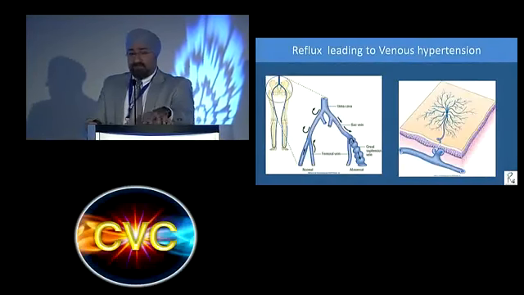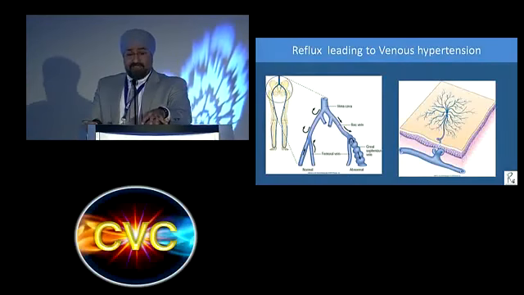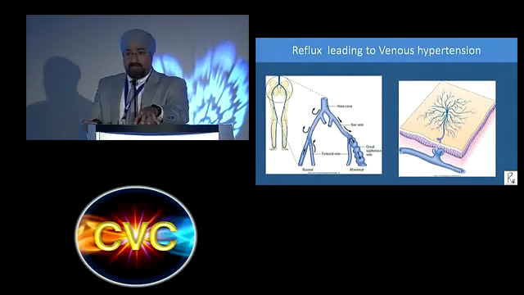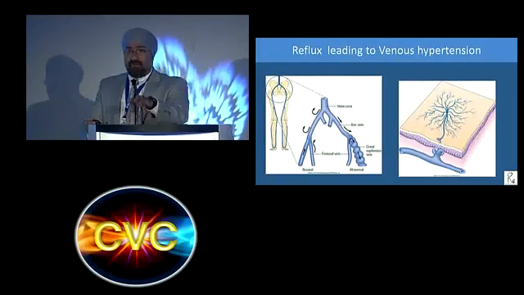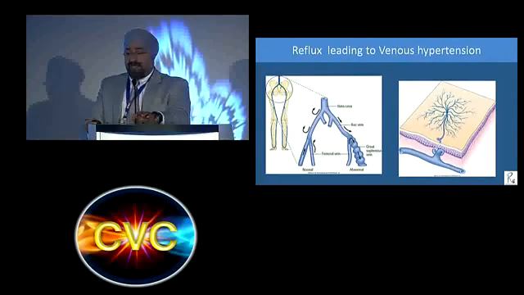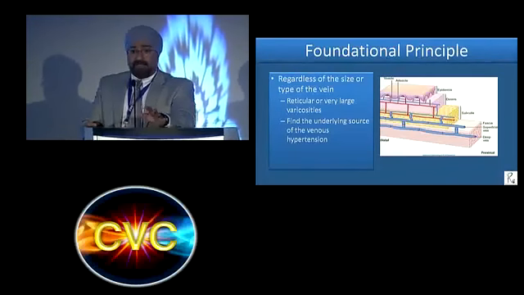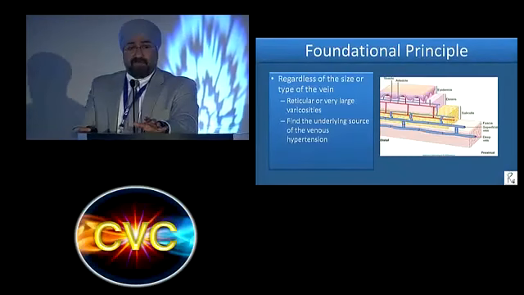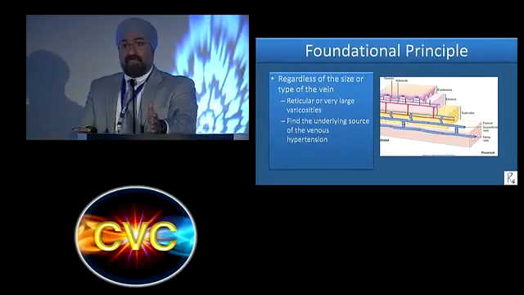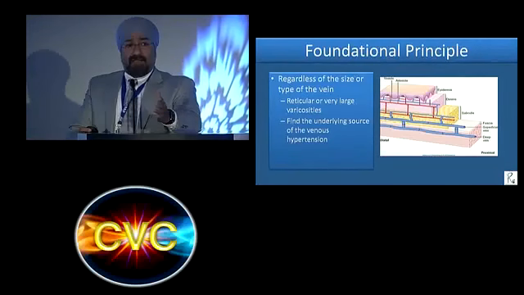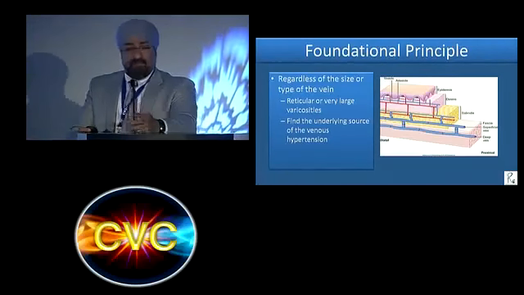Now, regardless of what size, it is the venous hypertension that leads to all the consequences that you will see, and that, in my mind, is the most important aspect of understanding the pathophysiology. If you understand the pathophysiology in this regard, understanding the clinical patterns is very easy.